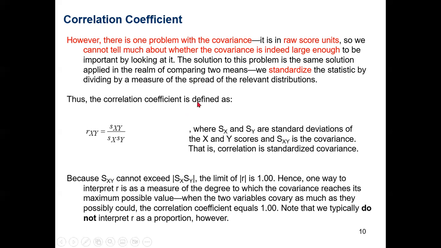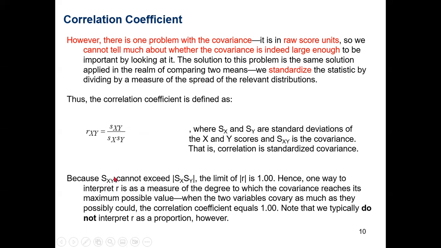The correlation coefficient is R, the letter R, the Pearson correlation between X and Y, which equals the covariance of X and Y divided by the multiplication of the standard deviation of X and the standard deviation of Y.